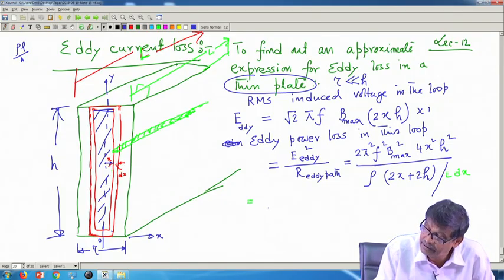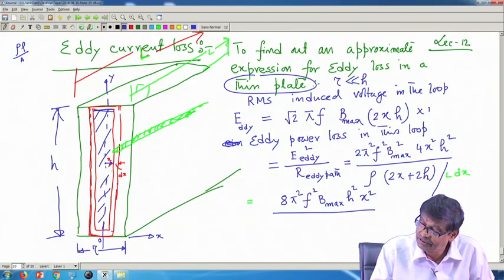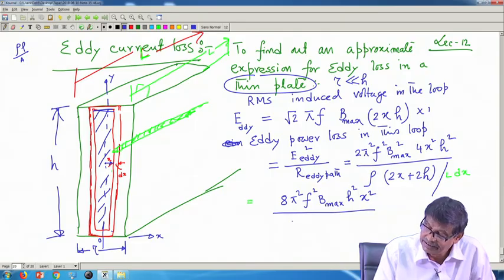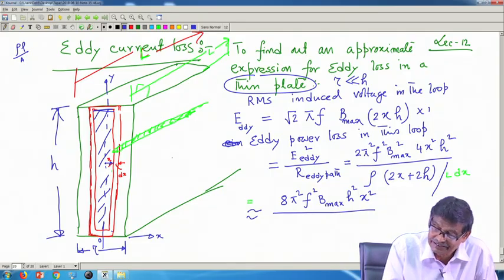It becomes 8 pi square f square B max square h square x square, divided by this one, which is approximately equal to 2x.